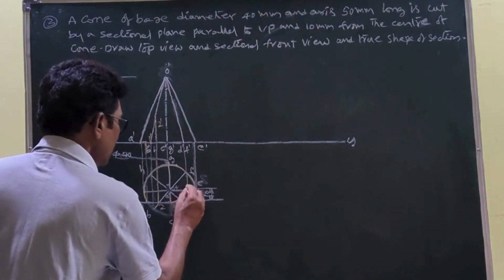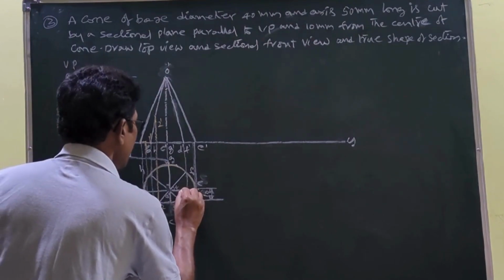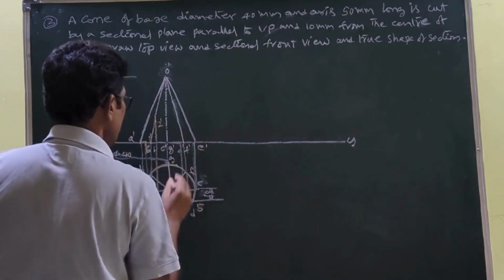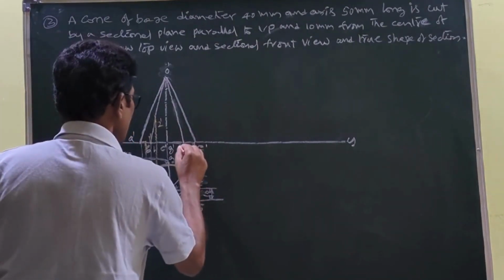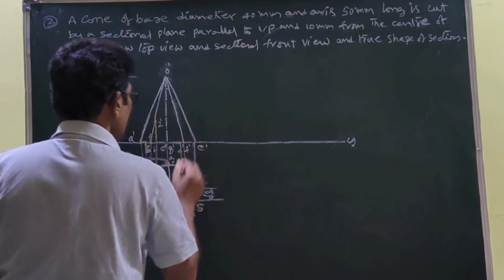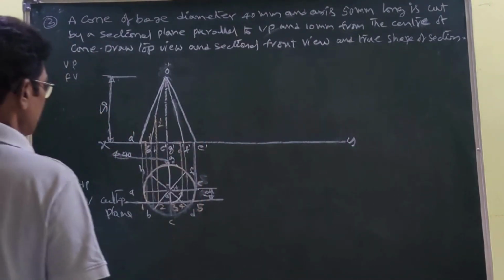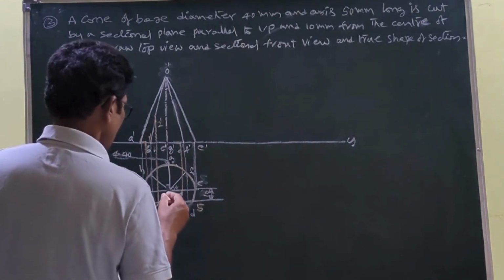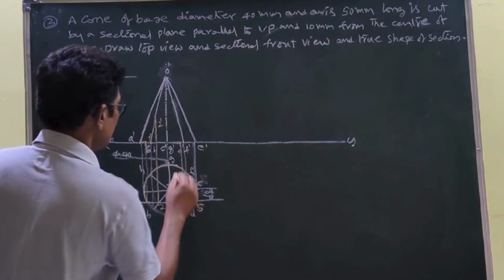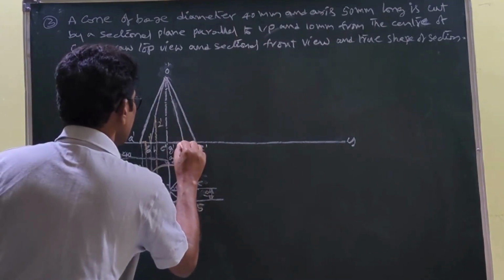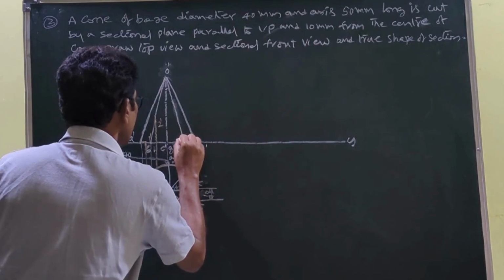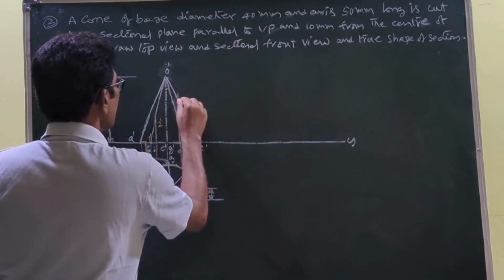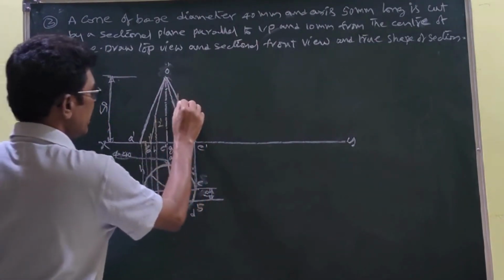So from this you draw a projector up to this, cutting this one. Next, so therefore this will be extended until it cuts the last generator.